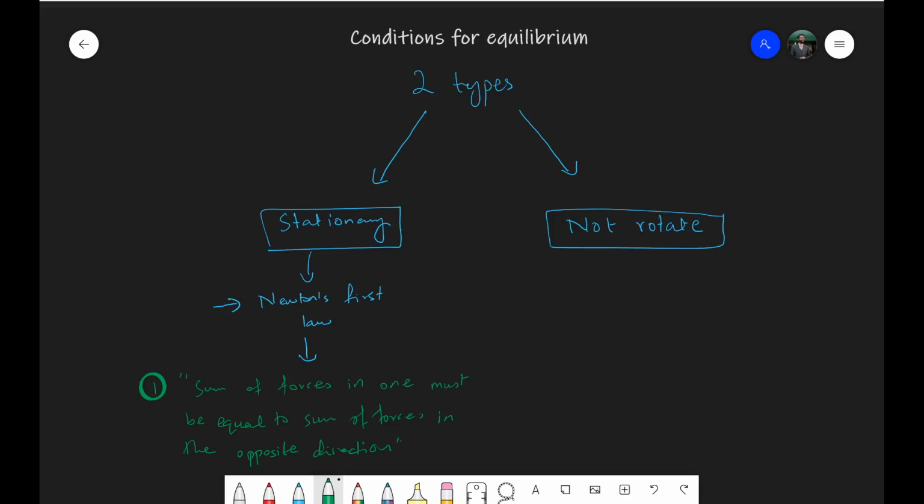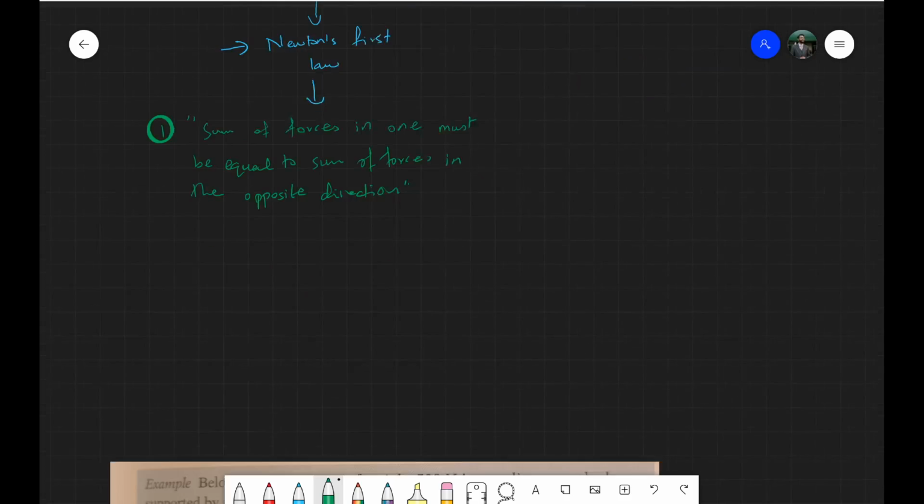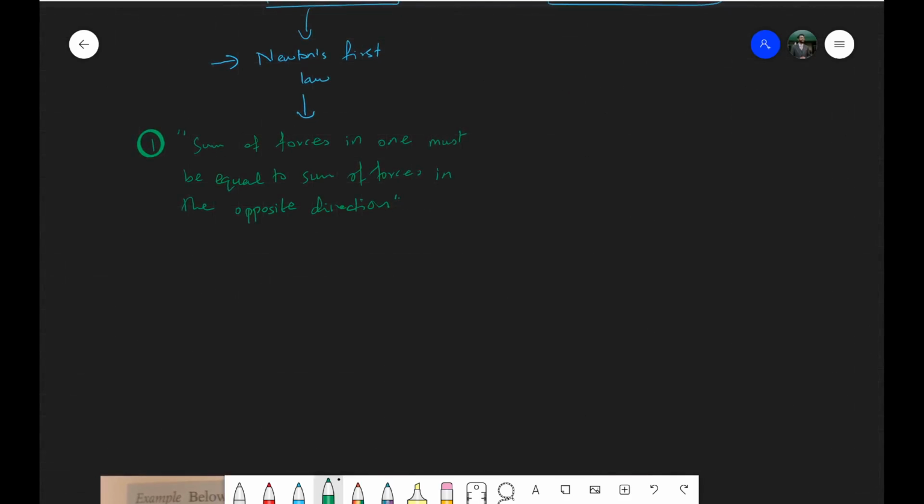This is what the first condition is, and what it's saying is that if I give you an object, and let's say this is the force F1, this is another force acting on it, let's call this F2, and this is another force acting on it, F3.